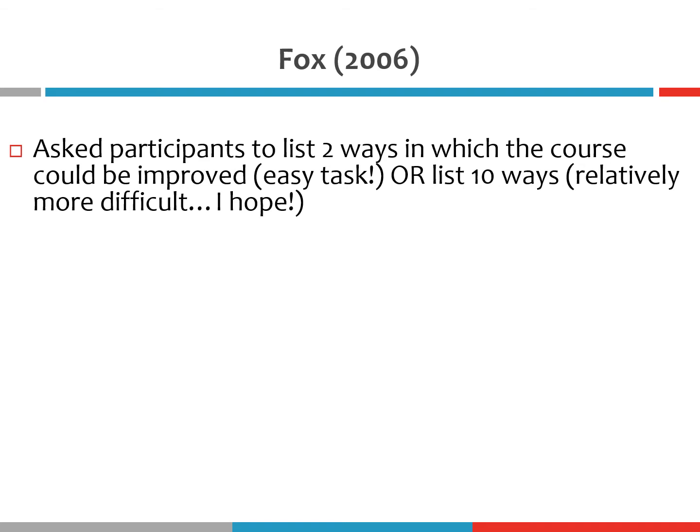These were university students, and in one case they were asked to come up with just 2 ways in which their psychology course could be improved, or 10 ways in which a course could be improved. Just like the previous example, coming up with 10 potential improvements is going to be a lot harder, at least one would hope, than coming up with just 2 improvements.